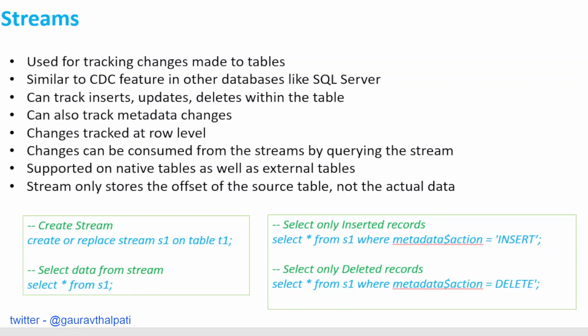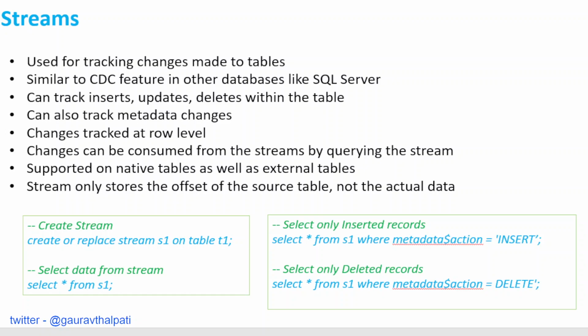So change data capture is basically whenever you get some data in your input file and you are daily doing some processing on that. Whatever process happens on that day's data can be either an insert, an update, or a delete, right? So these end up stored in our database.